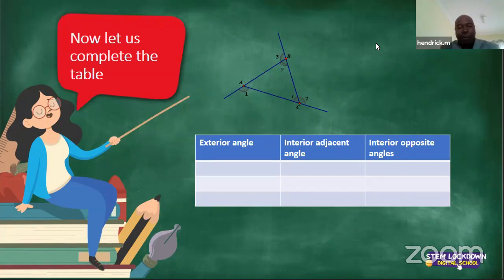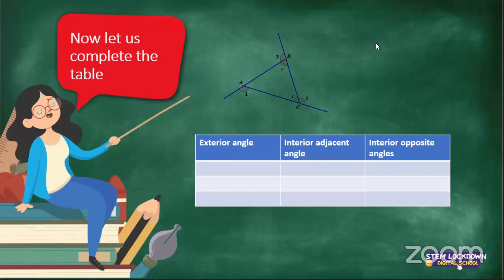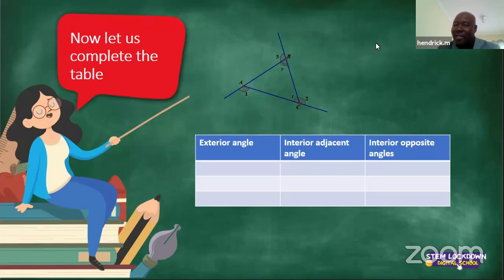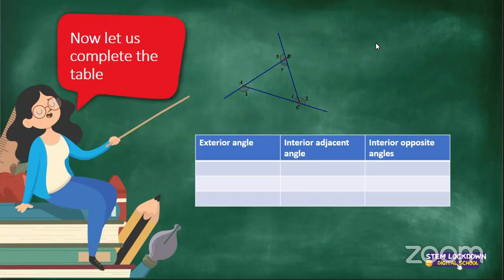Okay. What I mean by the interior adjacent angle, I'm talking about the angle which is inside. The word interior means inside. Now, the interior adjacent angle is the inside angle which is adjacent to the exterior one. The word adjacent means it is next to.